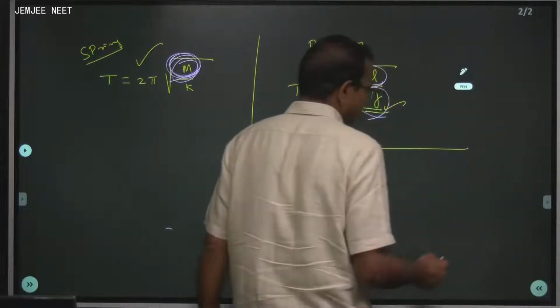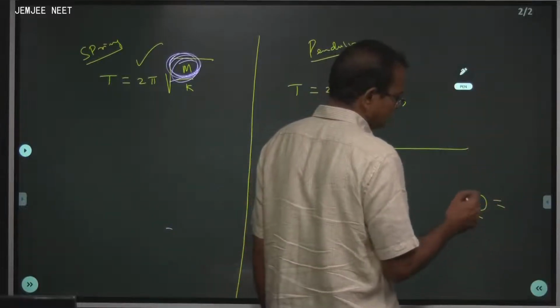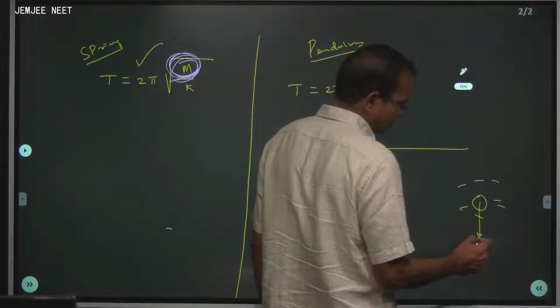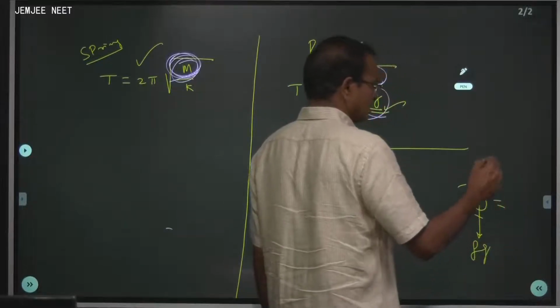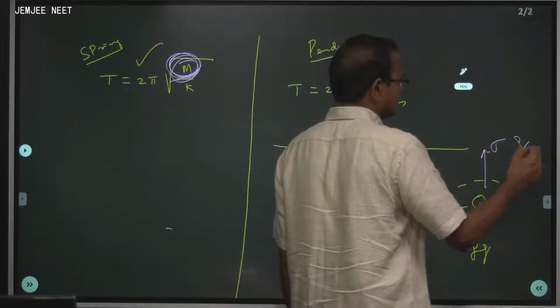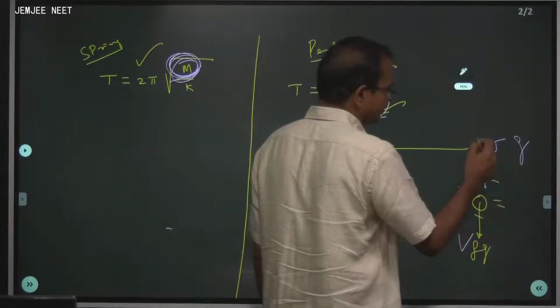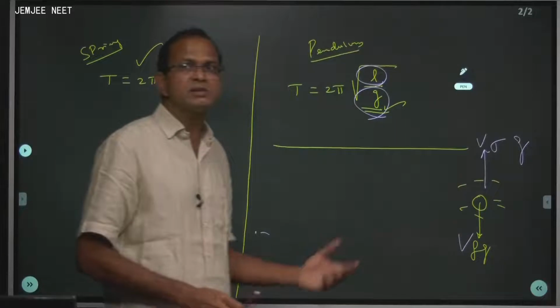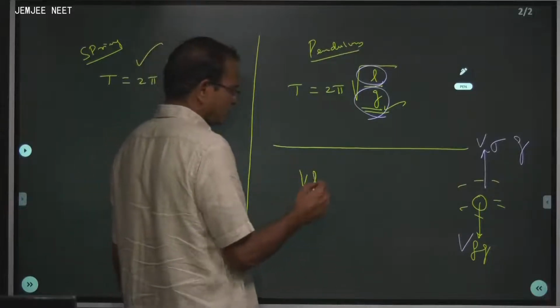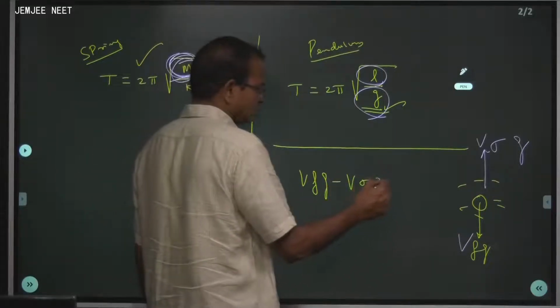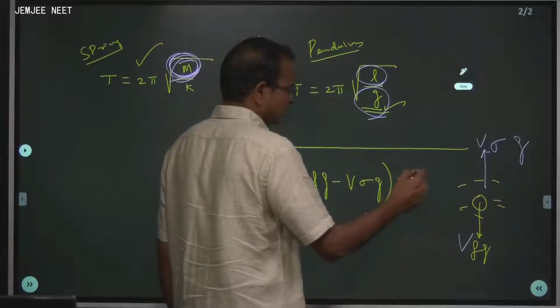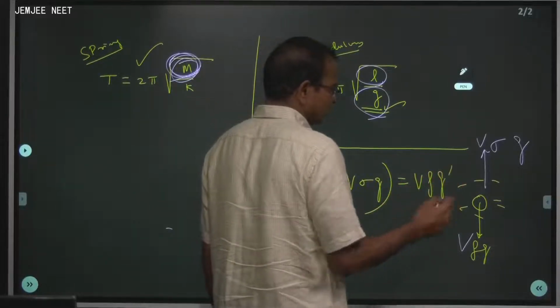When a bob is immersed in water, V rho G is the weight downward, V sigma G is the weight upward, up thrust, where sigma is the density of the liquid. Therefore, V rho G minus V sigma G is equal to V rho G dash.